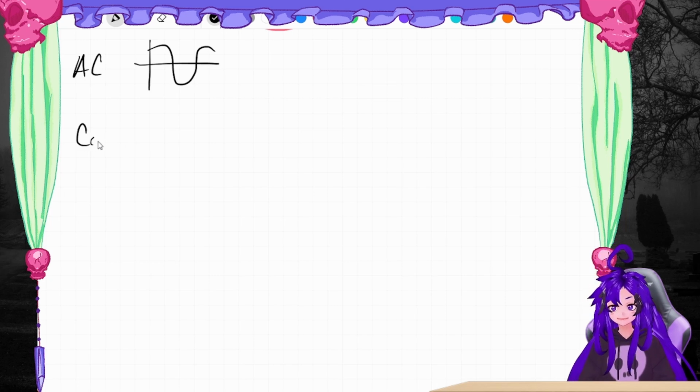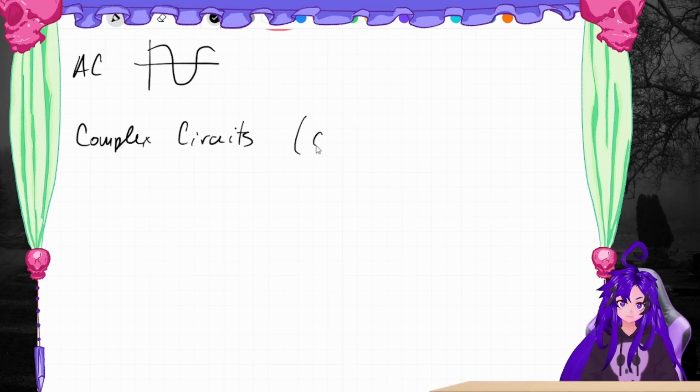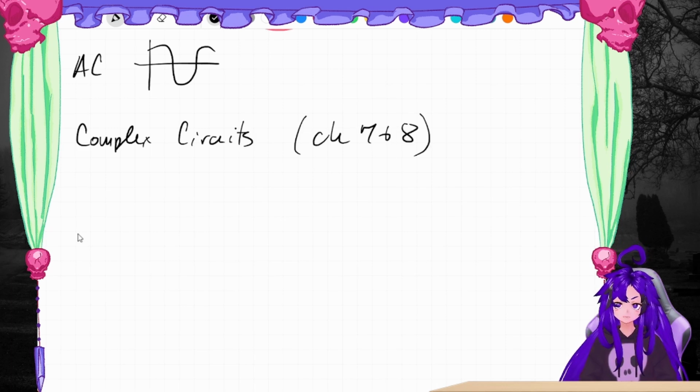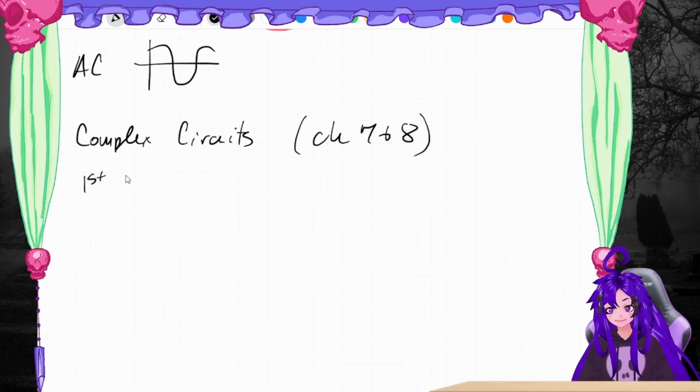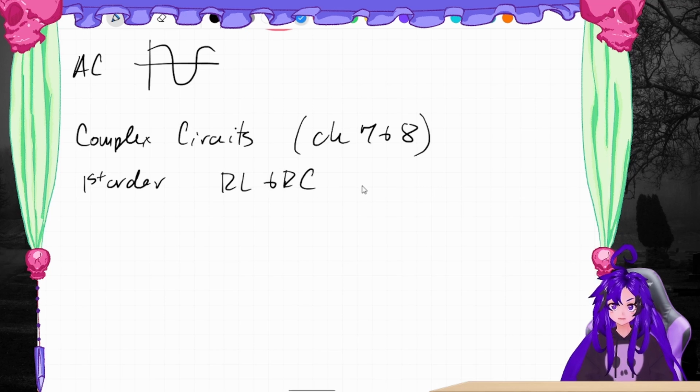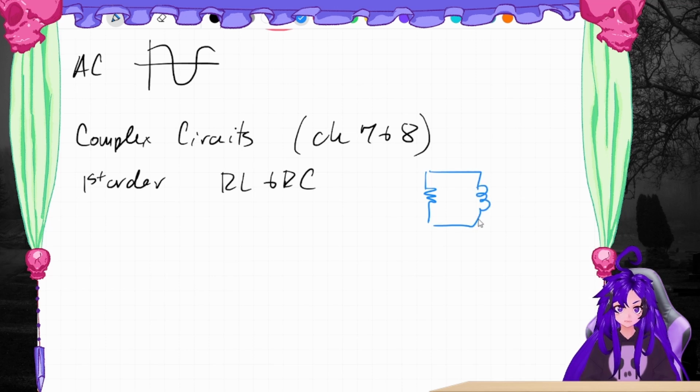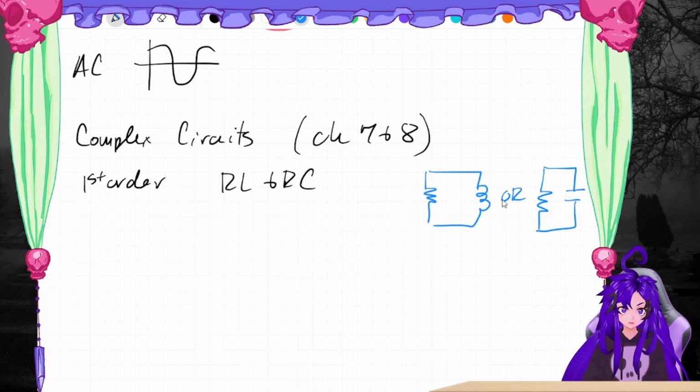So, this is the chapter 7 and 8 stuff. We've got more complex circuits. We know that the first order ones are the RL and RC circuits. These are the ones that have a resistor and an inductor, or a resistor and a capacitor, but never the two shall meet.